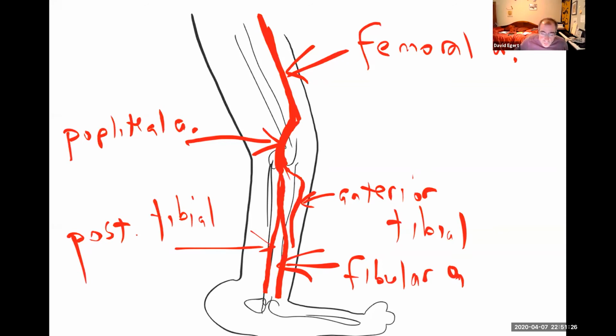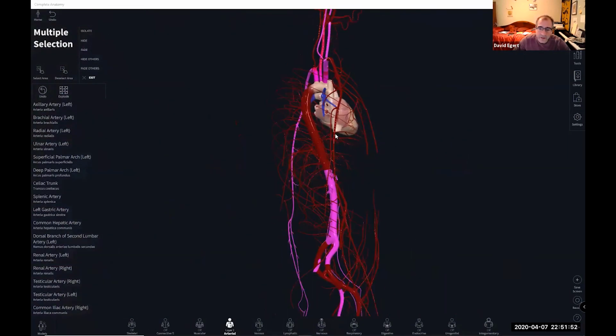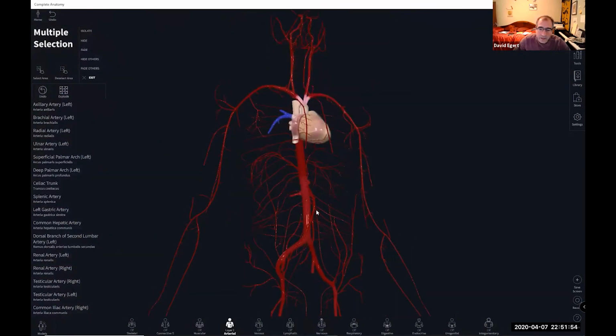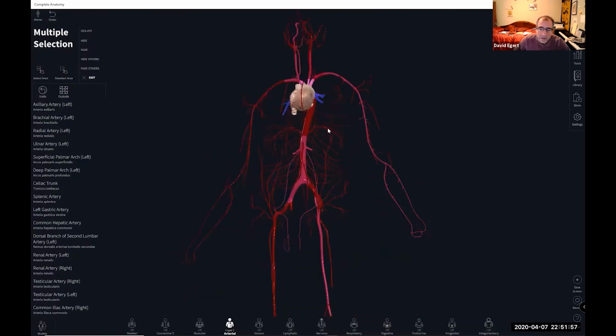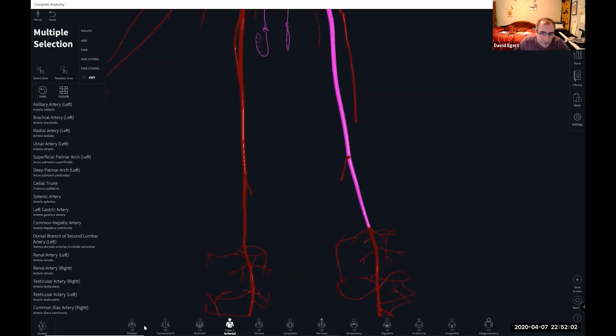So this will be prettier if I just go back to the, let me go pull up our, hold on. Oh, I see what I got to do. So if we come in here, here was the leg, and let's put the bones in here.